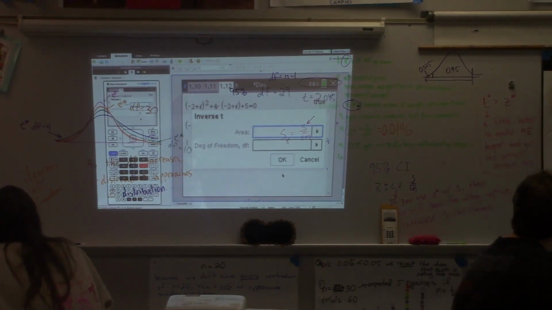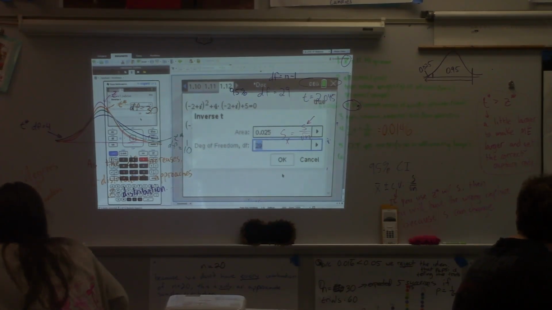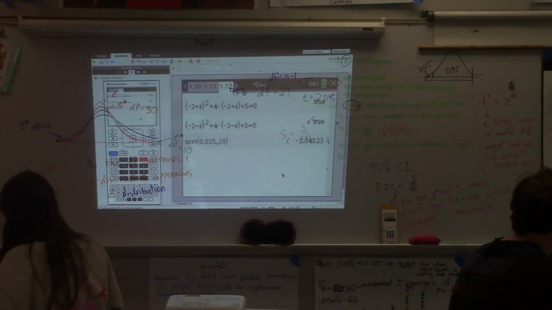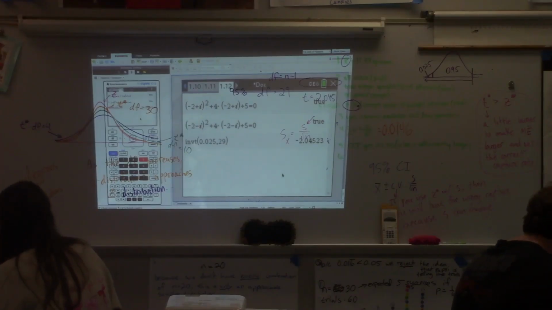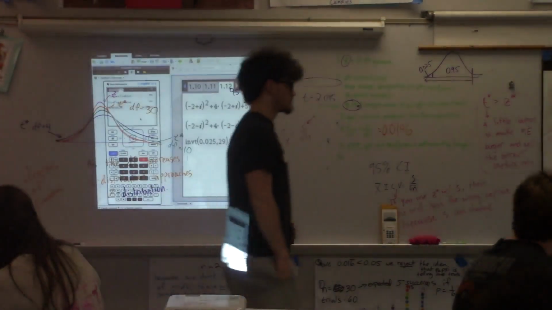So put 0.025 in there, and what's our degrees of freedom? 29. Negative 2.04, because the sample size was 30 and degrees of freedom is n minus 1. Is that the same T that we saw on the table? Yes, it's negative instead of positive, but if you did 0.975, it would be the correct T.